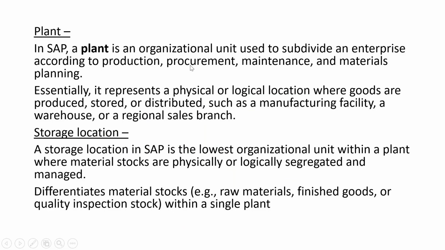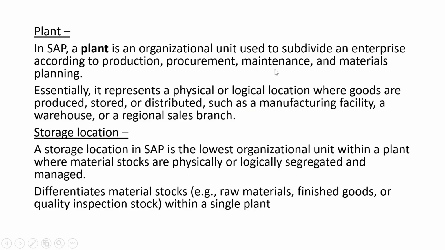And procurement, let's say the raw materials can be procured from a different location. Let's say the procurement deals with vendors will happen in Delhi. So Delhi office can be called as a procurement plant.